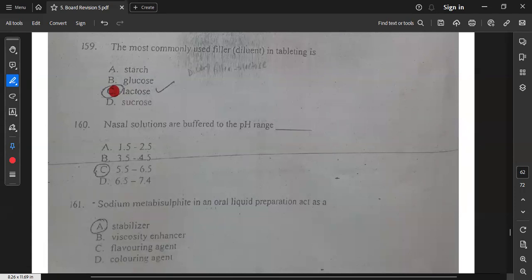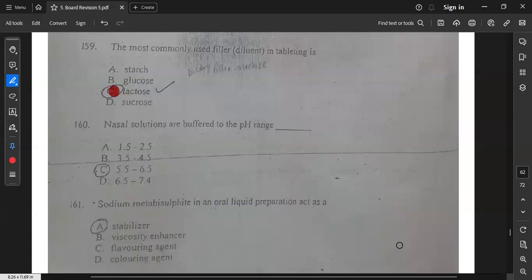I think you'll require a disintegrant. No, starch is also a diluent, a filler, I mean. Starch is a binder. True, starch is also, but lactose monohydrate is the most commonly used. We're all good, yeah?